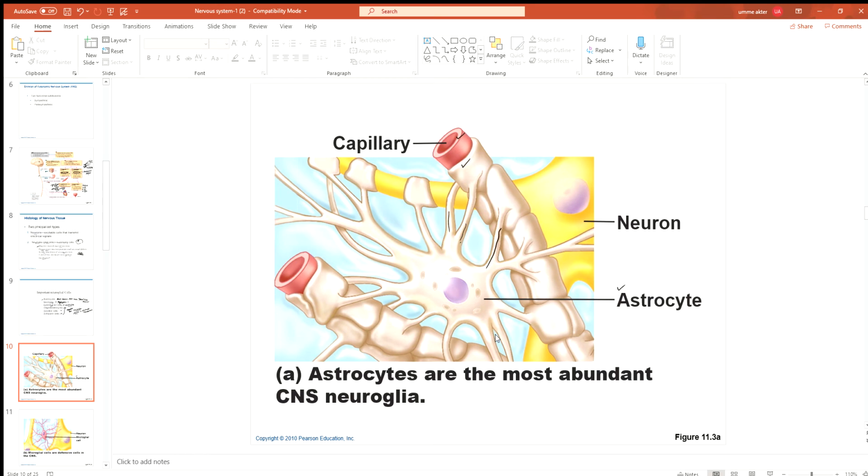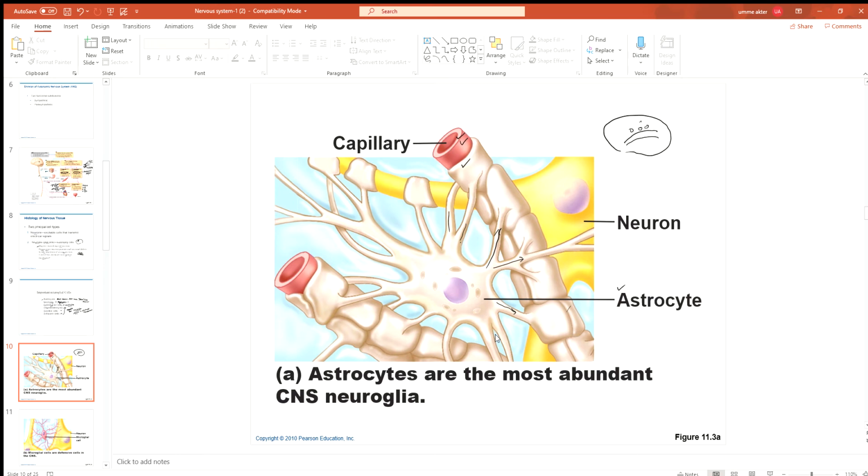These processes arise from the cell body of the astrocyte, and they cover the capillary from outside. So why is that important? Because this is your brain and this is the capillary inside the brain.